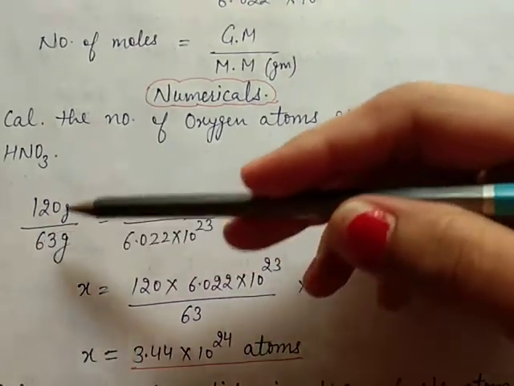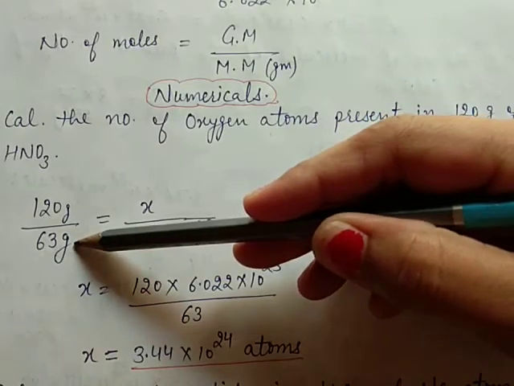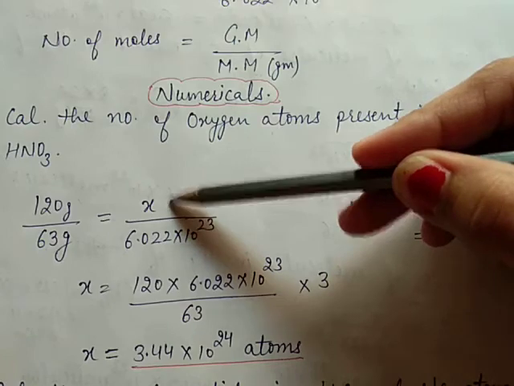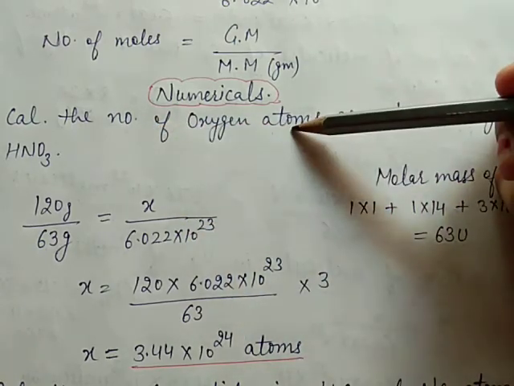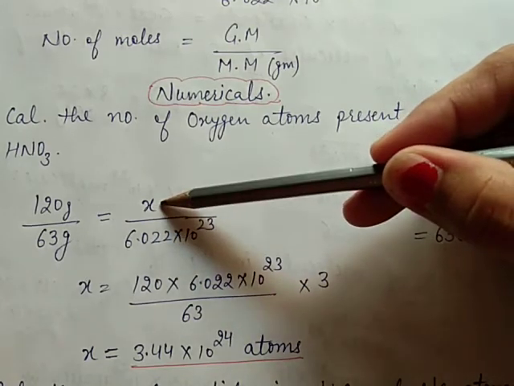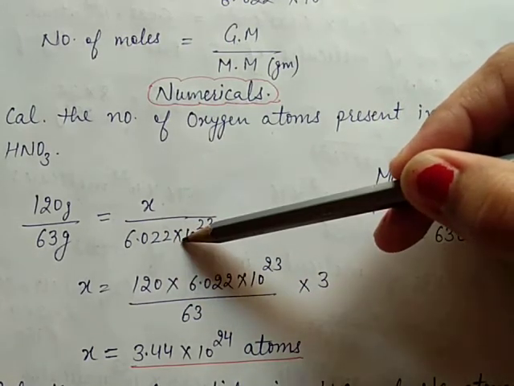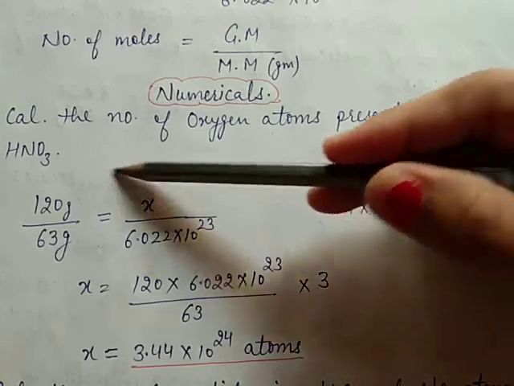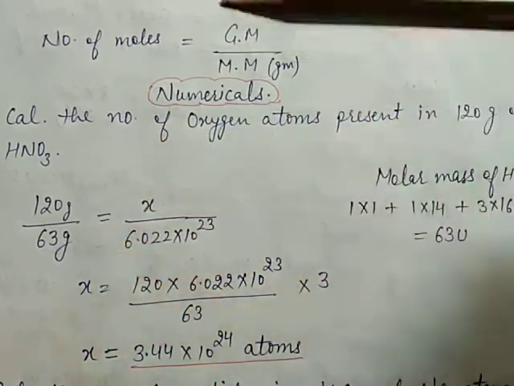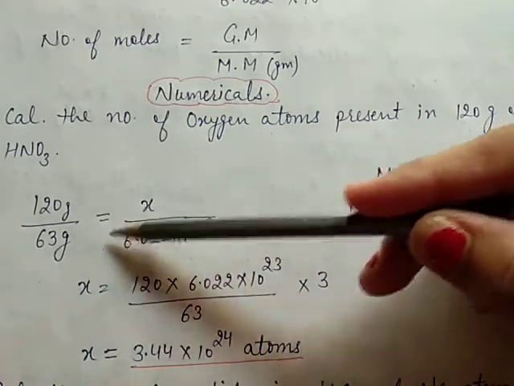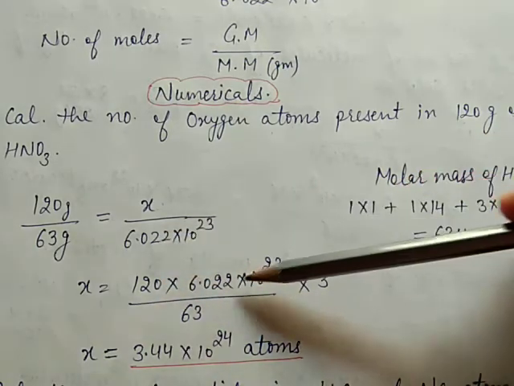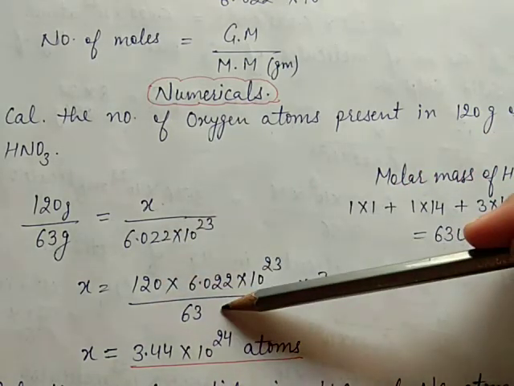After putting this value, given mass divided by molar mass is equal to number of particles. We have to calculate the atoms only. So the number of atoms, supposed to be X, divided by Avogadro number. This is the formula of number of moles. After cross multiplication, X is calculated: 120 multiply 6.022 into 10 raised to power 23 divided by 63.